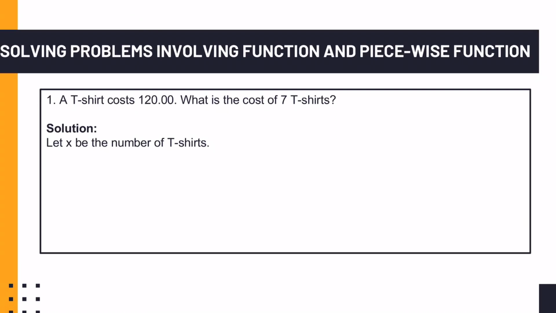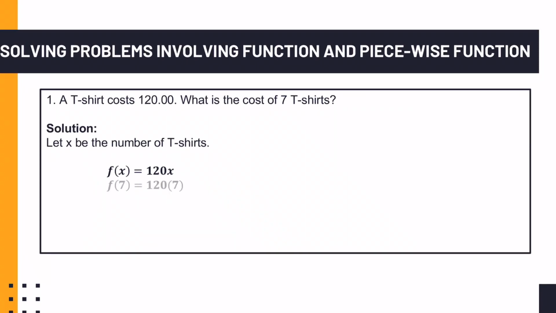So that would be f of x is equal to 120x. Why 120x? Simply because for every purchase of t-shirt, it's equivalent to 120. After that, replace variable x by the number of t-shirts to be purchased.